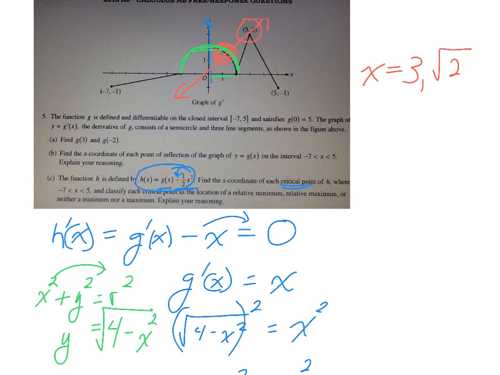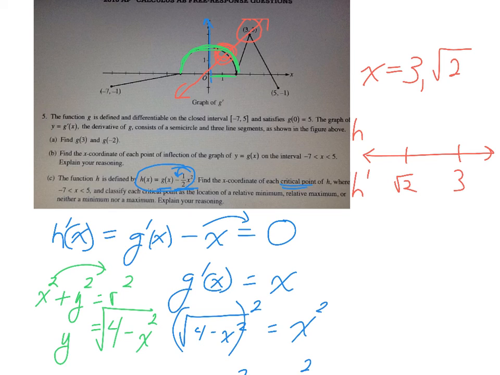Okay, what we have to do then is classify them as a maximum or a minimum. So I'm going to draw my little line here. That's h prime, and that's h, and we're going to test root 2, and we're going to test 3. So there's our 3 windows. Let's figure out if they're maximums or minimums.